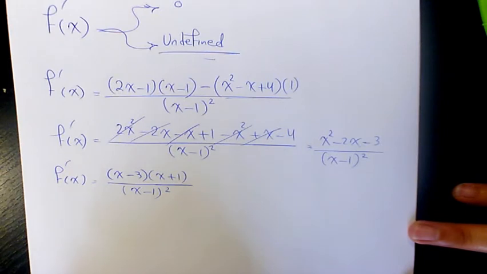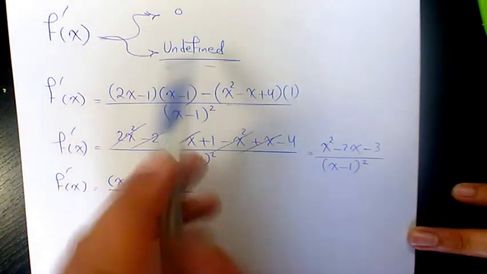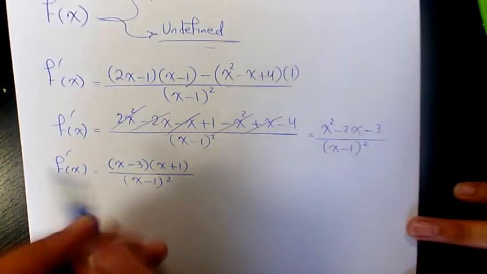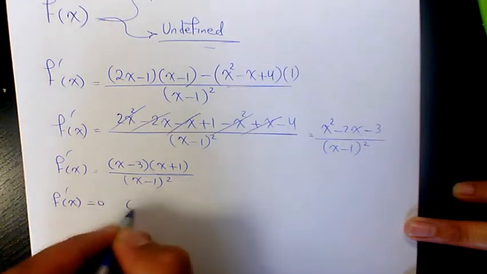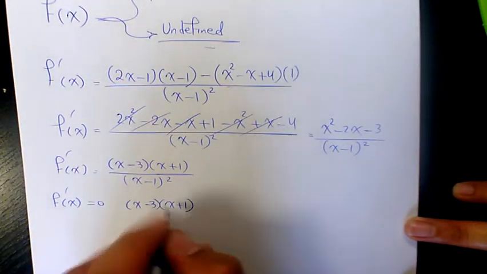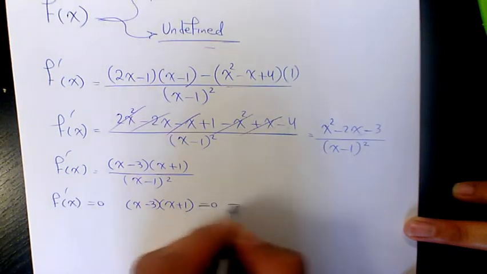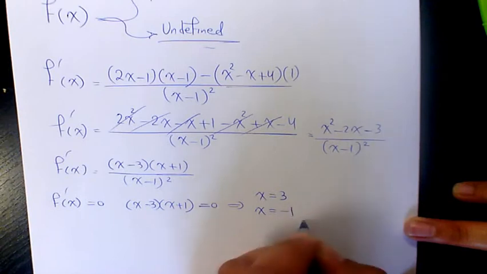Now we need to figure out what numbers make f prime equal to 0, and what numbers make it undefined. So when f prime equals 0, it means that x minus 3 times x plus 1 equals 0, so it has to be x equals 3 or x equals negative 1.